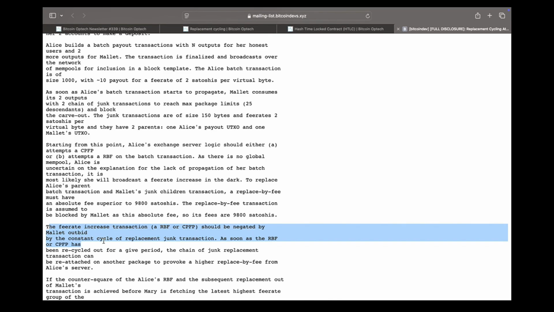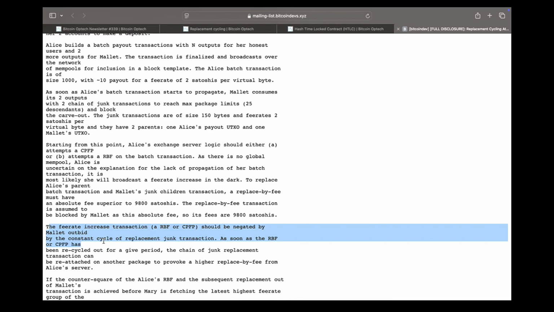Because Mallet is frequently refining and recreating her block templates and keeping a track of Alice's fee bumps, right? So this is an attack in which you can artificially trigger somebody to pay a higher fee than they ideally would have. Like in our example, Mallet triggered Alice to pay a higher fee than she ideally would have. And if the transaction gets mined by Mallet, then Mallet will be the beneficiary of that artificially high induced fee.